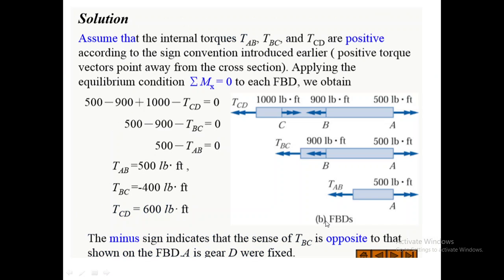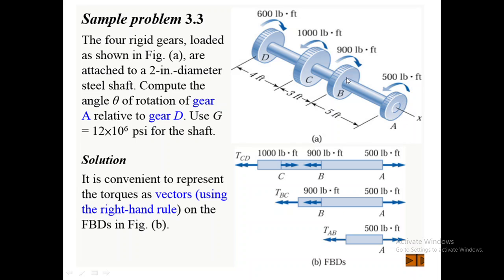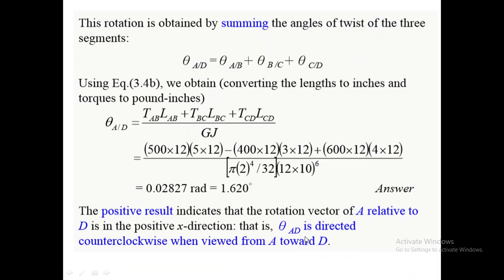Here the shaft is rotating with the resultant of these torques, in the anti-clockwise direction when you see from this side. So the angle of twist will be 1.62 degrees at this point.